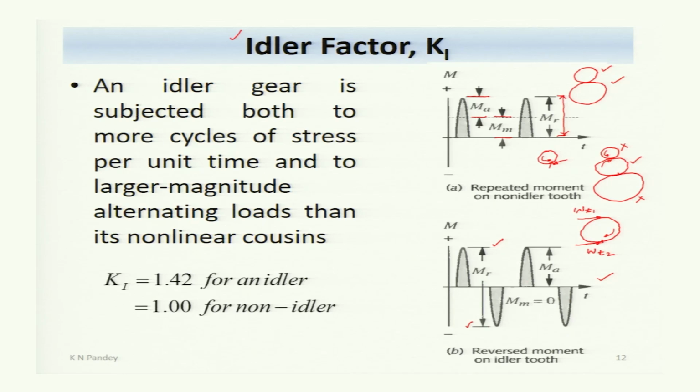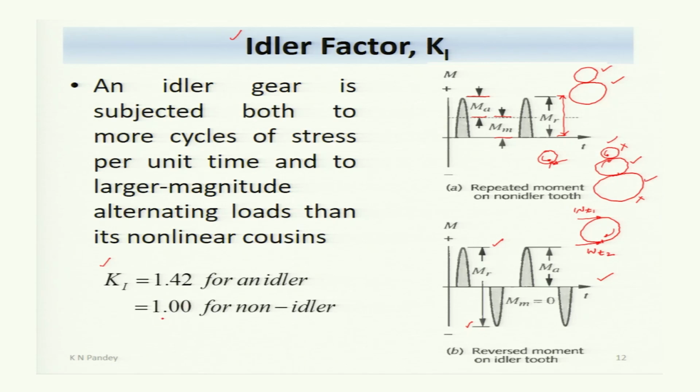So an idler gear is subjected both to more cycles of stress per unit time and to larger magnitude alternating loads than its non-idler cousins. So the load factor is taken as 1.42 for an idler, and for the non-idler, meaning for the pinion and gear, it will be 1. What is the meaning of it?